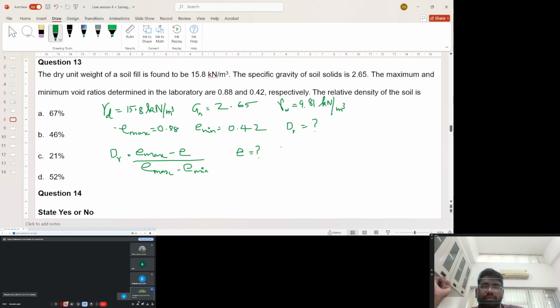For that, we know dry density is defined as gamma W G S by 1 plus e. So for finding e, substitute gamma W 9.81, G S 2.65, gamma D 15.8.